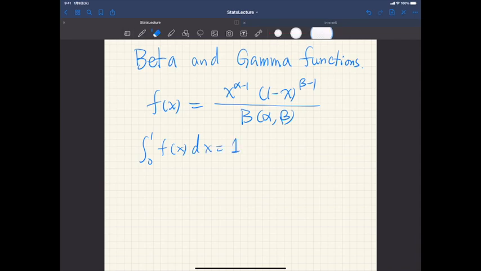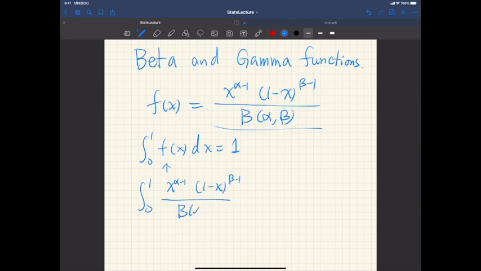So if you substitute this density function here, then we have x^(α-1)(1-x)^(β-1) over B(α, β) dx.